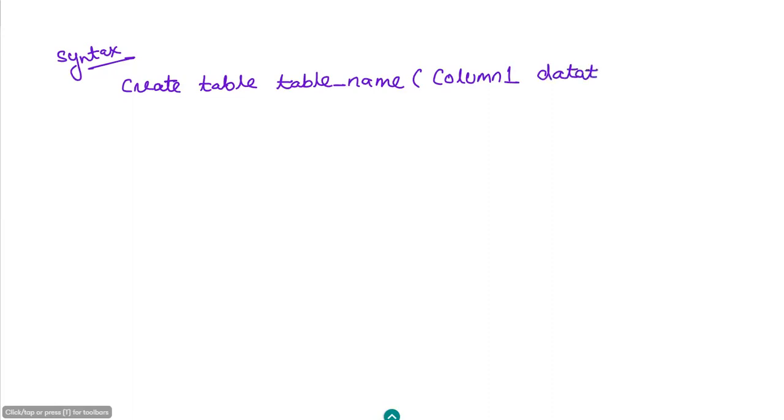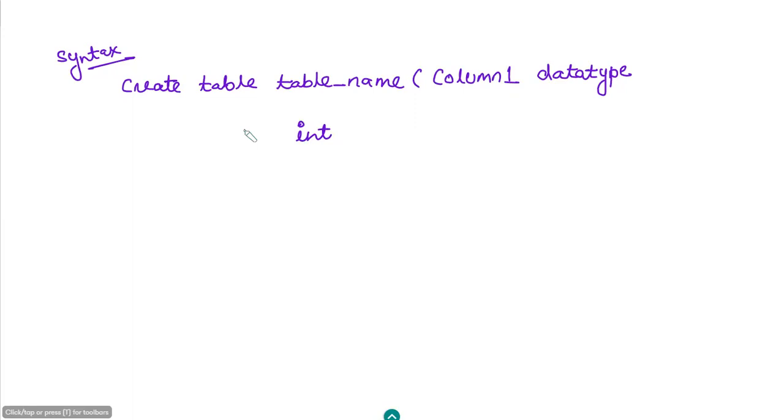Data type is what? Data type will represent what type of record you are going to insert in this column, right? Suppose that I want to insert only the integer number in this column, right? So we will use int in data type. Int is what? Integer data type. So that means I'm inserting only integer value in this column, right? So we will give column name with its data type, including some keys, right?